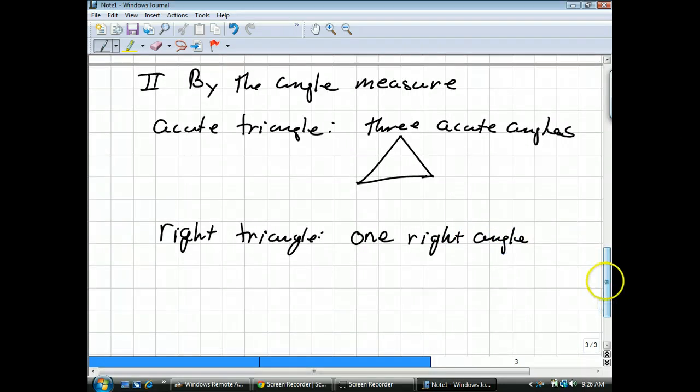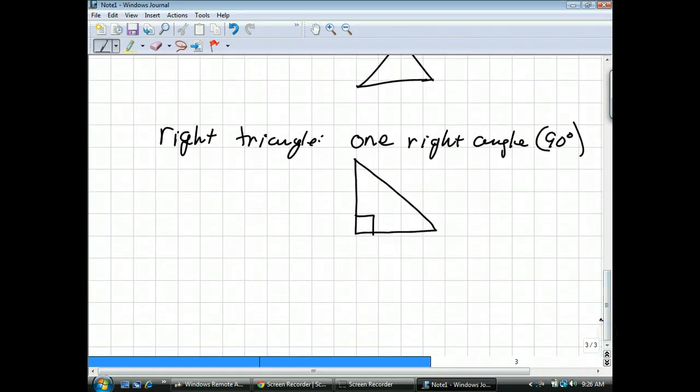Okay, remember, right angle is 90 degrees, so exactly one 90-degree angle. So okay, so a right triangle has one right angle and two acute angles.